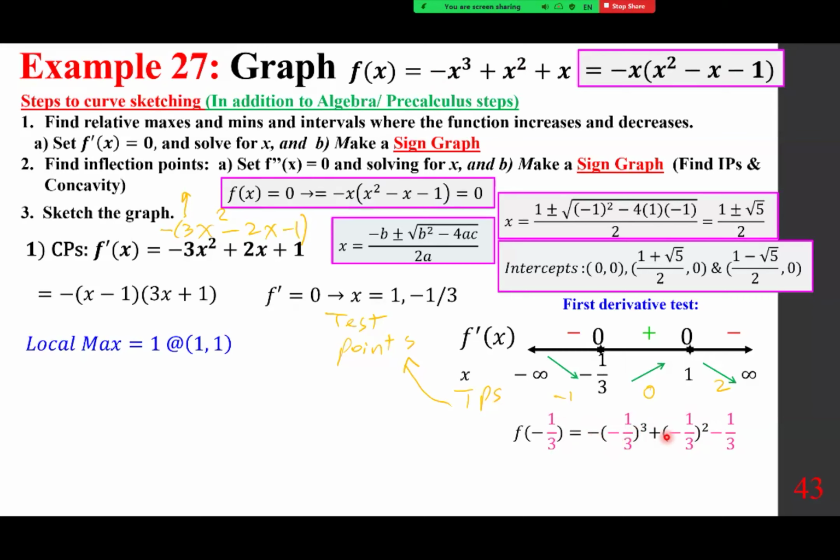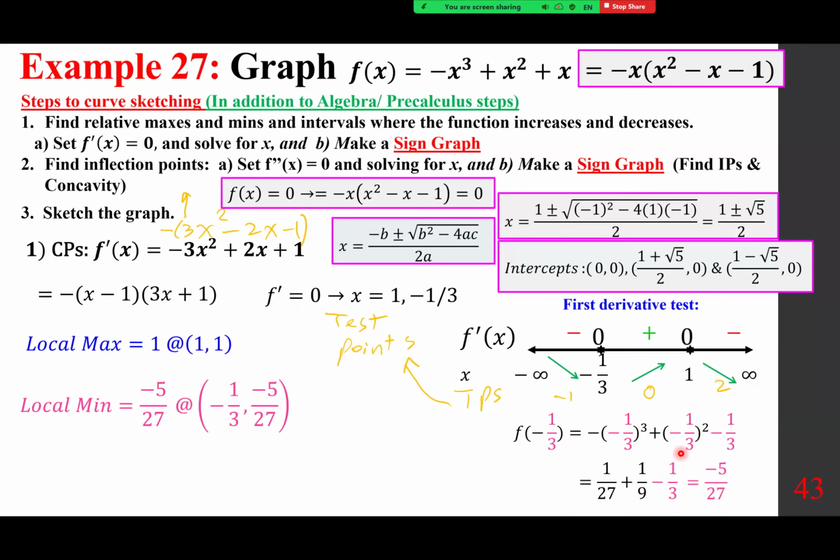This square makes it positive. And I hope you recognize 27 as a common denominator. So this is 1, this is 3, and this is minus 9. They add up to minus 5. I'm assuming we have no problem with fractions. So local min has the y coordinate minus 5 over 27 at the pair.